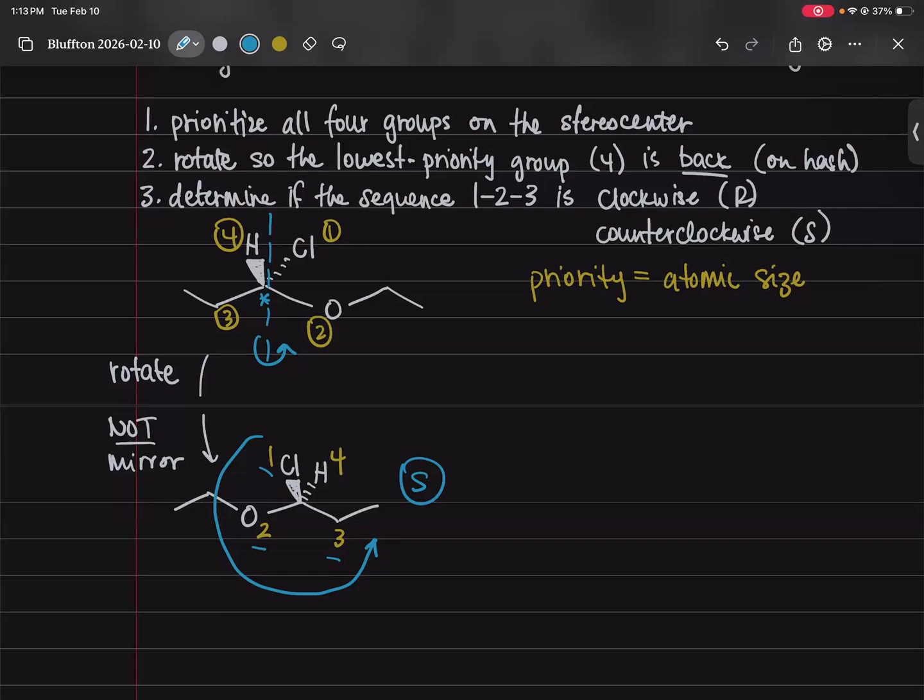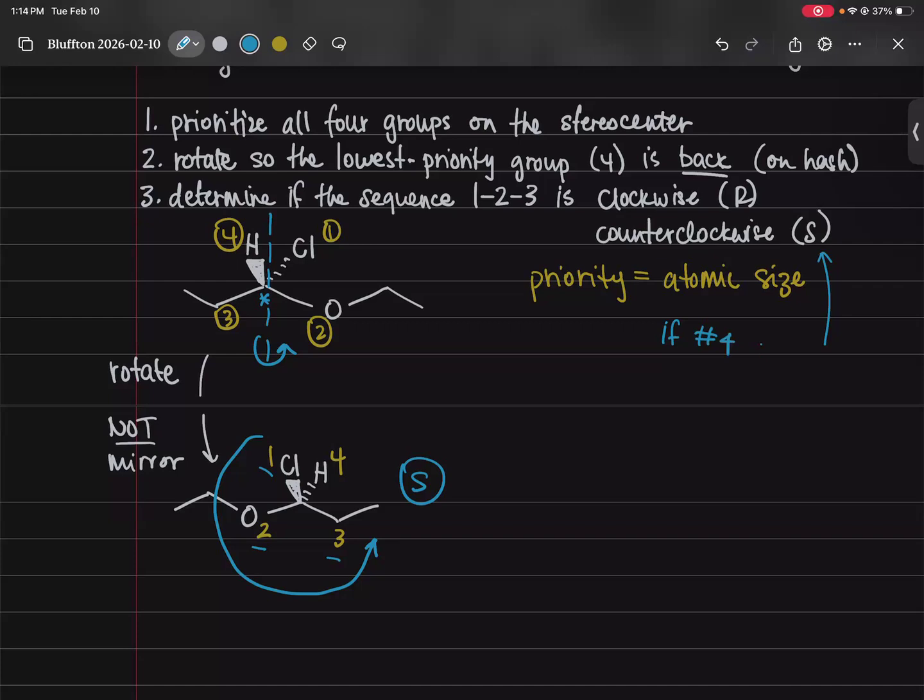That's not really how you're supposed to do it, but clockwise configuration of 1, 2, 3, in this case, doesn't mean R, it means S. So if the hydrogen is coming towards you, actually I'll call it priority number 4, often it's a hydrogen.